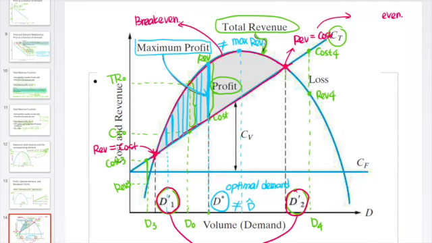Okay, first, what is the gray area? Why do you only make profit within that area, not outside? And what do you call the range? It's break-even demands, the range of the break-even demands, okay? And second, where do you have the maximum profit? And what's the demand called when you have the maximum profit? It's D star, optimal demand.